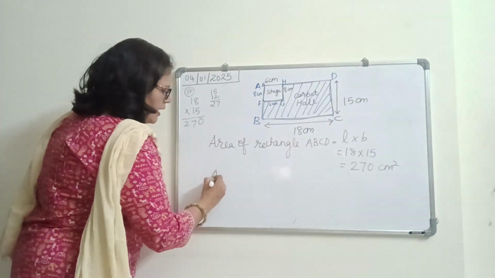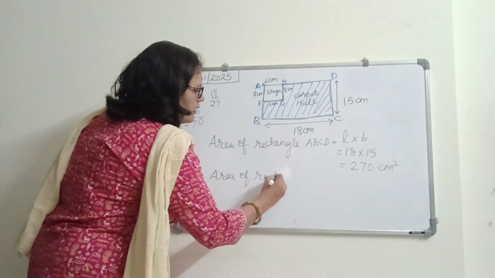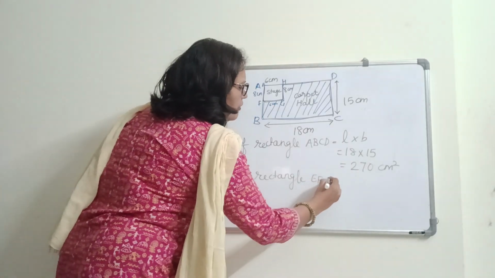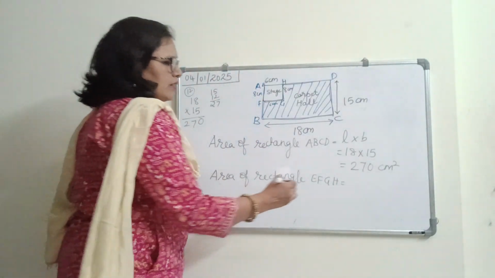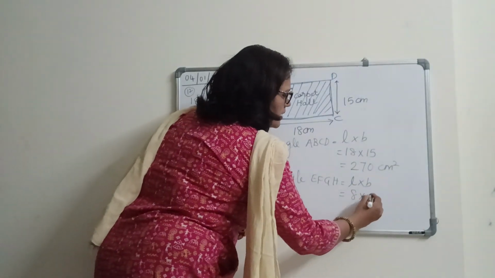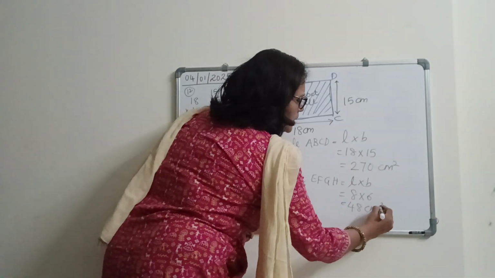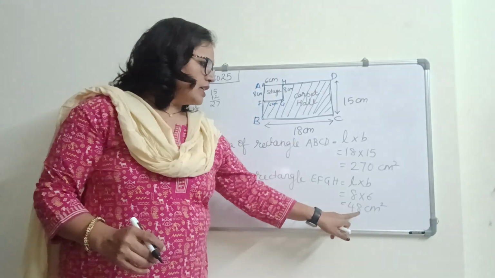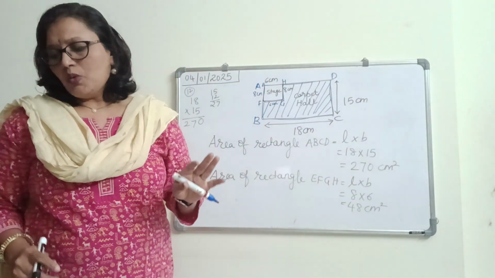So therefore, area of rectangle EFGH: that is L into B. Again here 8 into 6. 8 6s are 48, so 48 centimeter square.